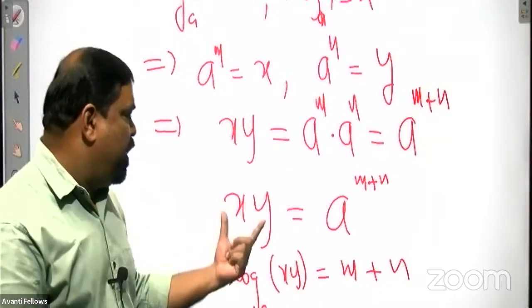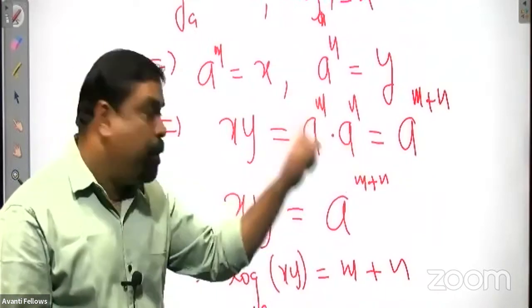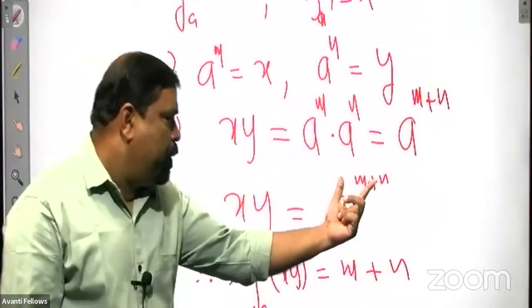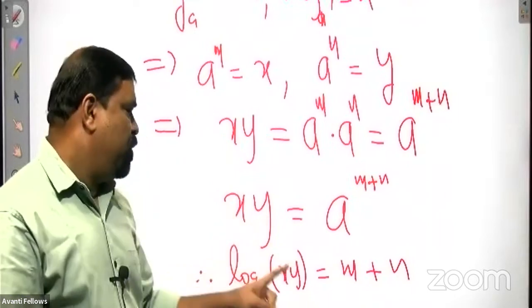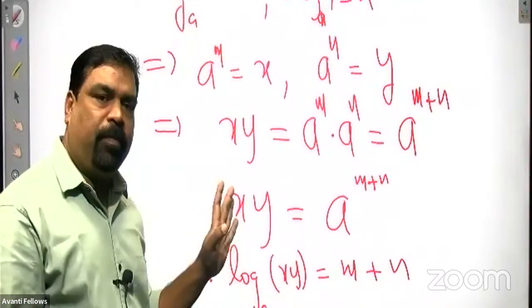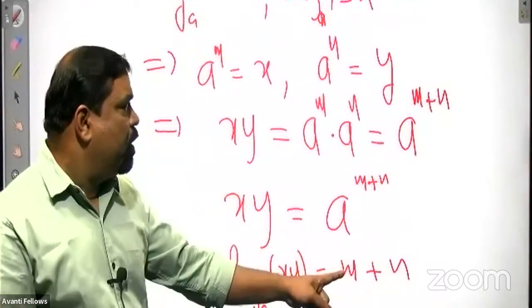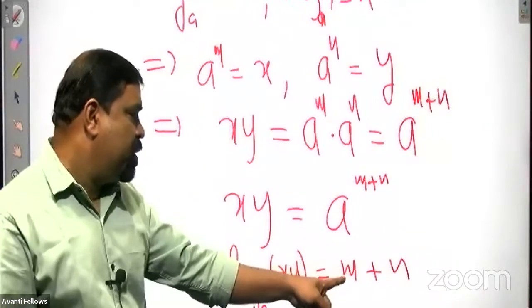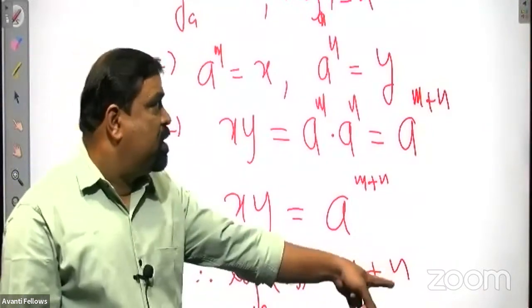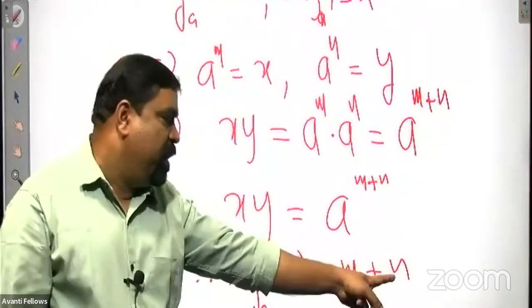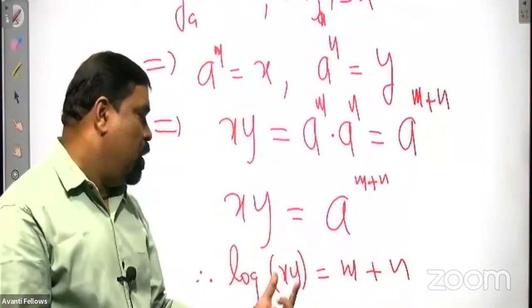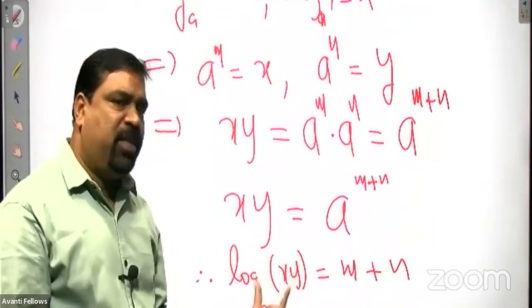Now m is nothing but log x to the base a, and n is nothing but log y to the base a. That is how this property is obtained.